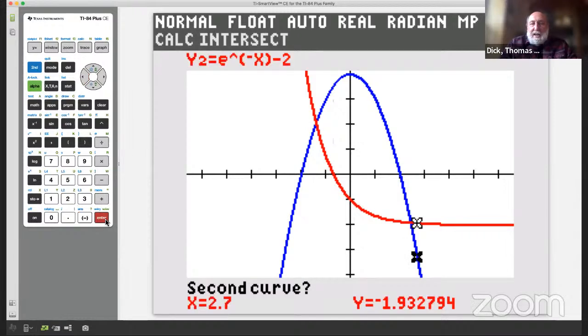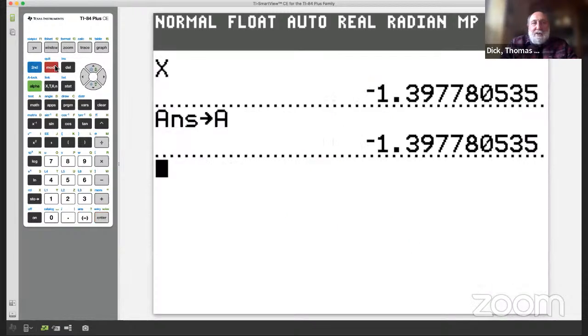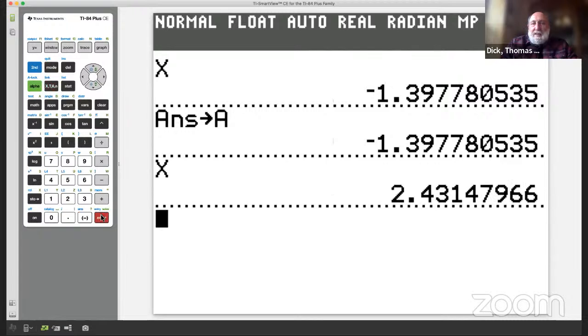So I hit enter, second curve, red curve, hit enter. I'm pretty close to that intersection point, so that's a good guess. There's that second intersection point. Again, go back to my calculator screen, recall X, there it is, and store it in B.